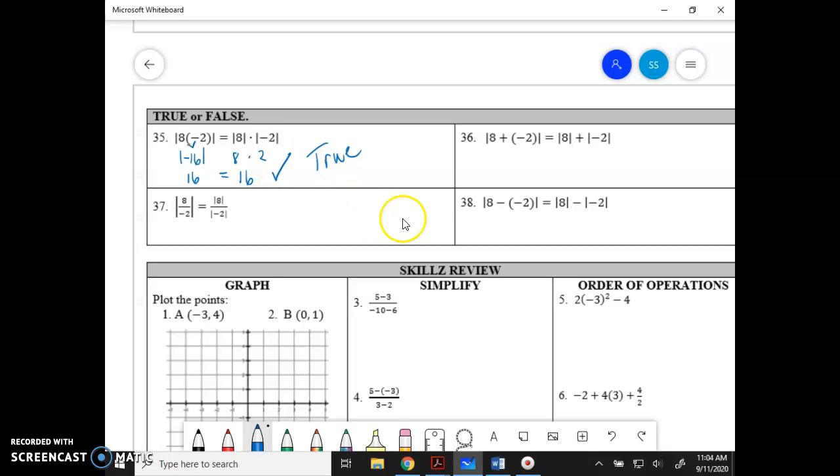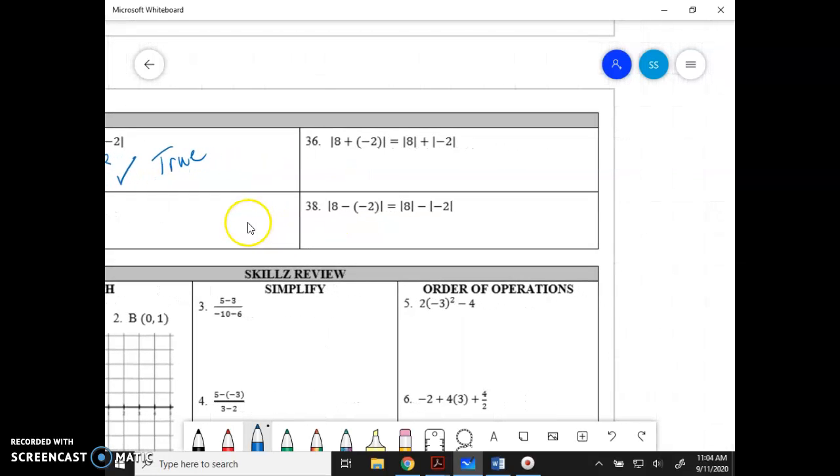All right. Moving on, let's see. We've got a very similar problem. We just kind of did this part. 8 plus a negative 2, oh, sorry, I'm doing this wrong. This one's not very similar. 8 plus negative 2 is going to be positive 6.